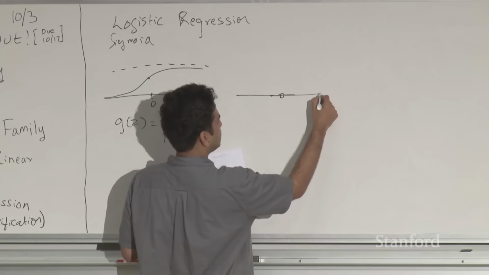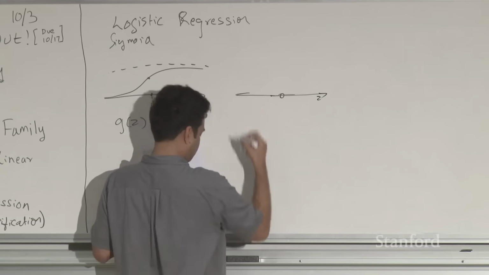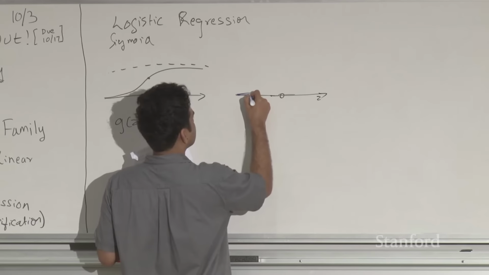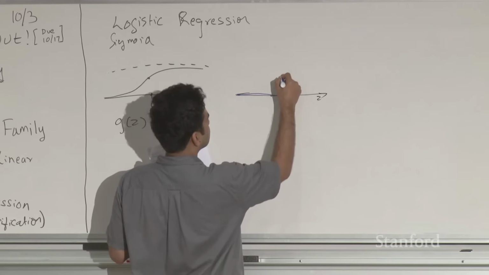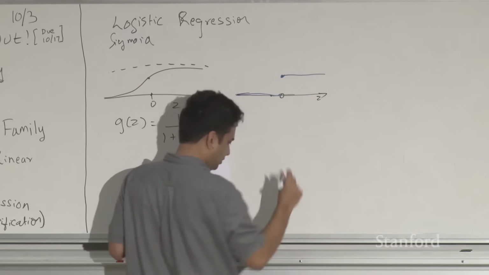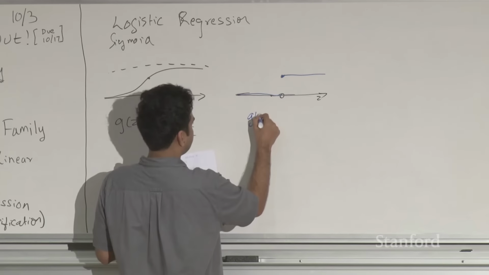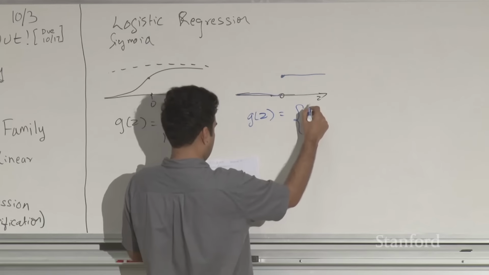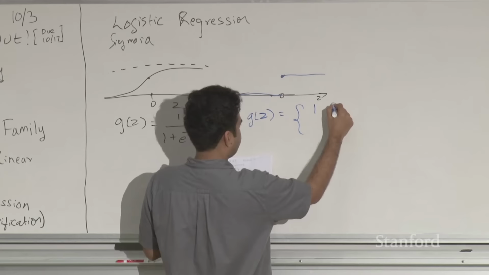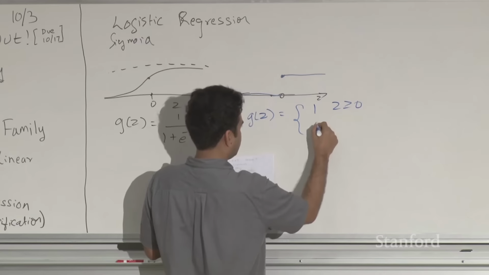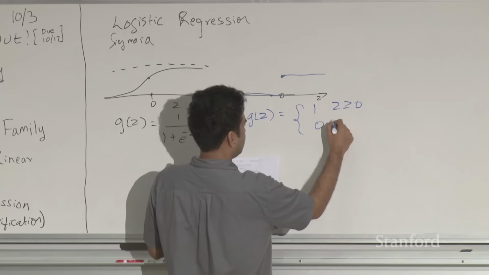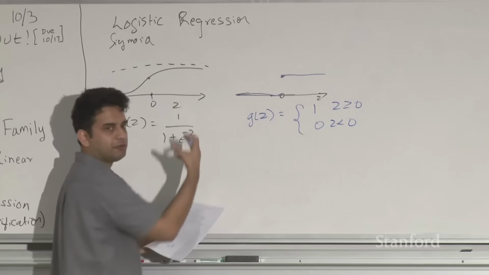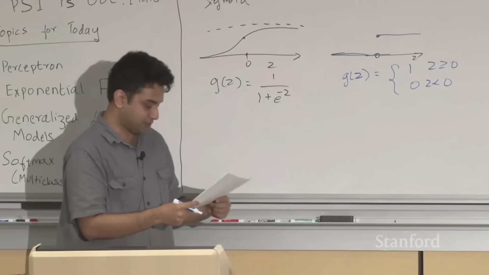Let's say this is z. g of z in this case is 1 if z is greater than or equal to 0, and 0 if z is less than 0. So you can think of this as the hard version of the sigmoid function.